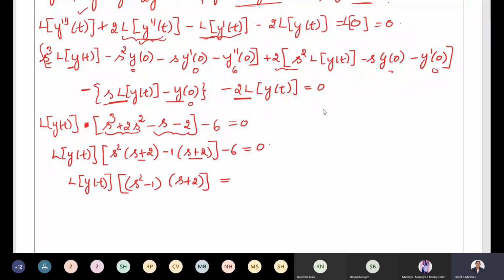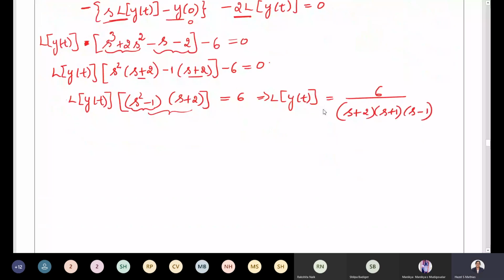So from this, Laplace transform of y of t is 6 divided by s plus 2 into, see this is s square minus 1, it is a square minus b square, so it will be s plus 1 into s minus 1. Am I correct?